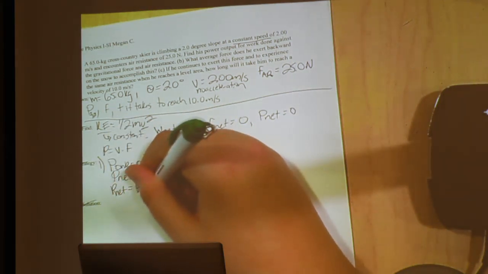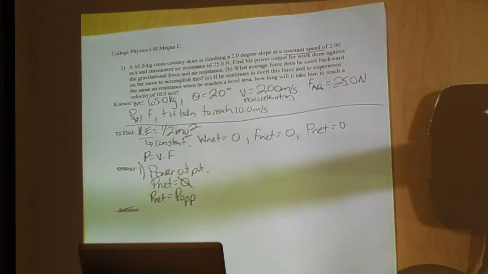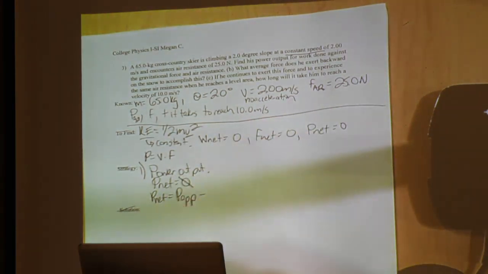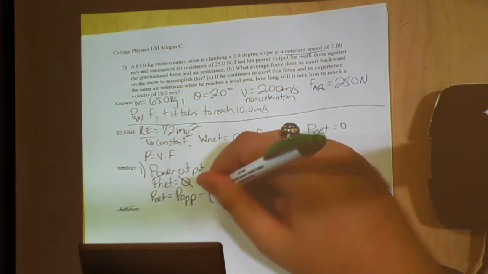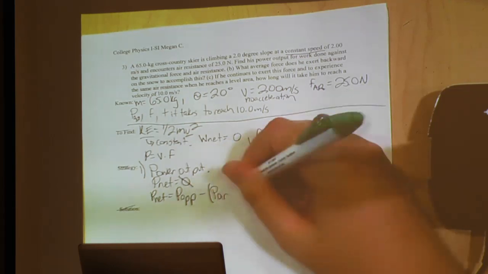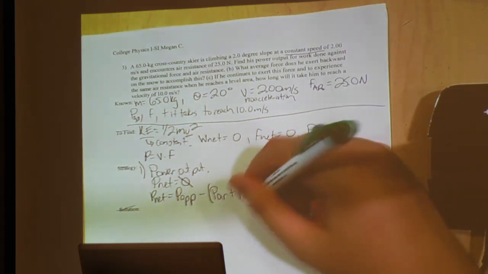Okay, so we're going to have P net is equal to P applied. And then we're going to have a couple of things acting against that applied power. What are those things based on the problem? You guys good? So one of them is air resistance. And then what's constantly acting on all of us in this room right now? Gravity. So we're going to subtract from the applied power by the skier the power done by the air resistance and the power done by gravity.